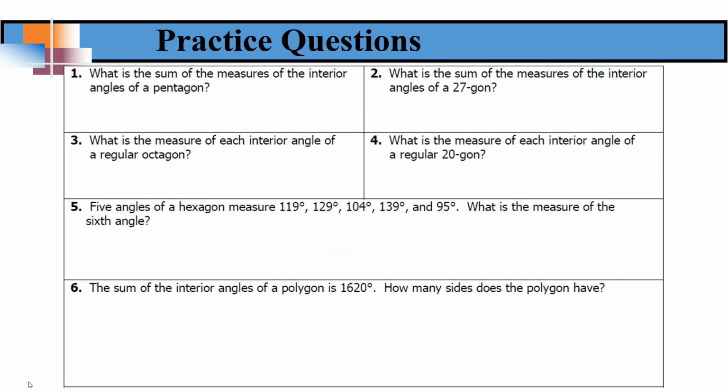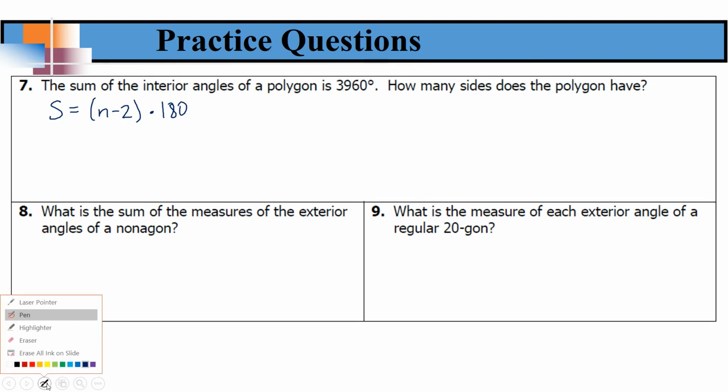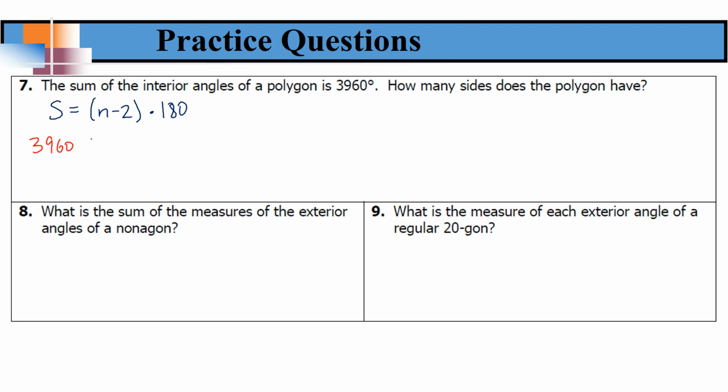All right, continuing on then, let's take a look at number 7. In number 7, it says the sum of the interior angles of a polygon is 3,960 degrees. How many sides does the polygon have? Well, this is the same kind of question. A reminder, our formula is S equals (n minus 2) times 180. So let's substitute for S. S in this case is 3,960. That's equal to (n minus 2) times 180.